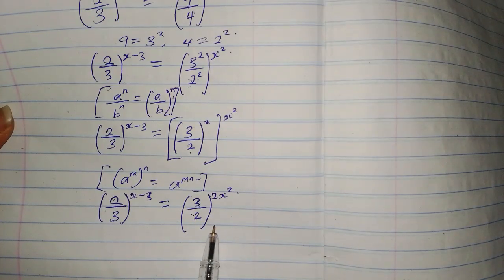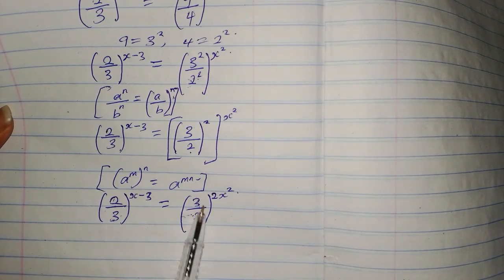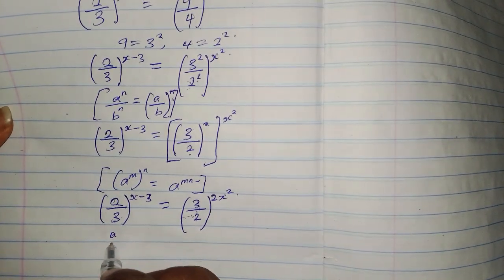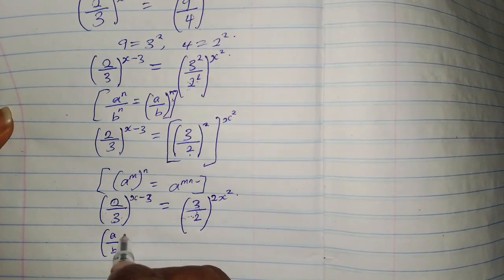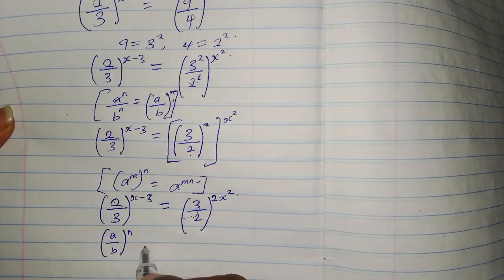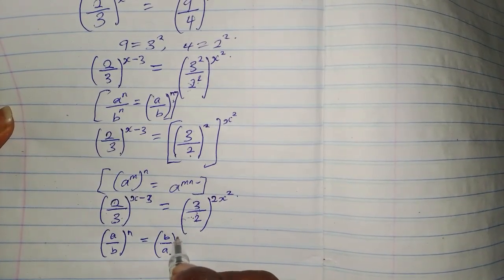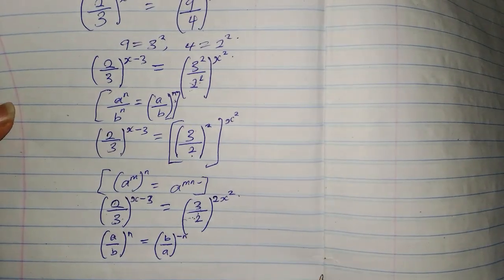So we want to interchange it so that both sides can be the same. On the right hand side, I can apply the rule: (a over b)^n is also equal to (b over a)^(-n).